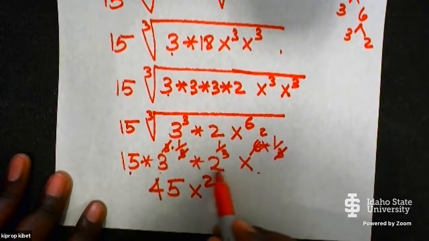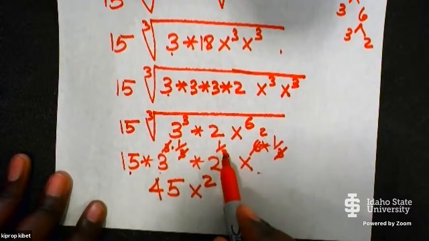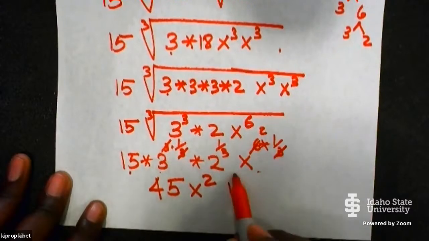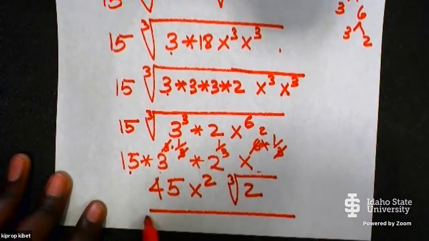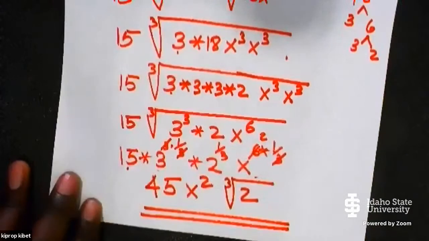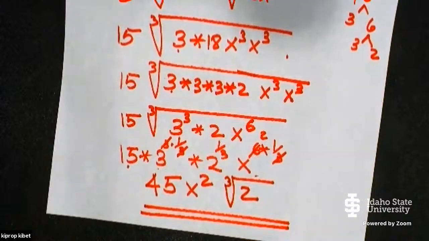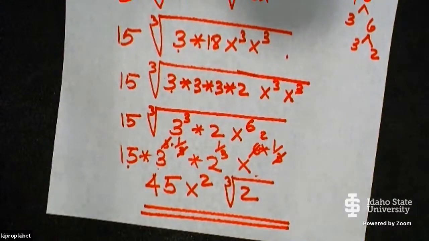And then we have the 2 raised to 1 over 3, which is the same as what? Cube root of what? Cube root of 2. So that's how we simplify. Is it clear?